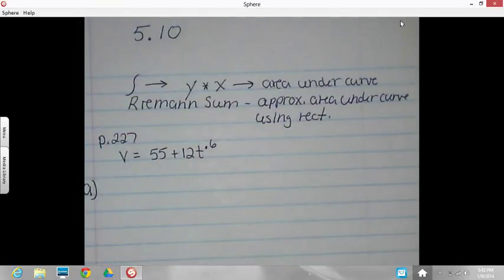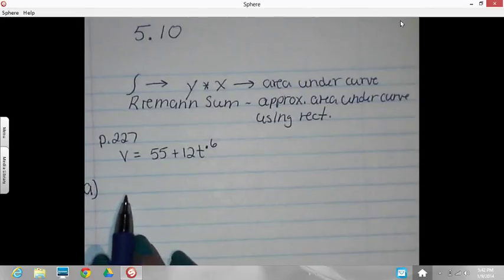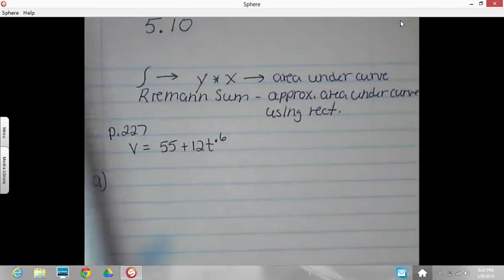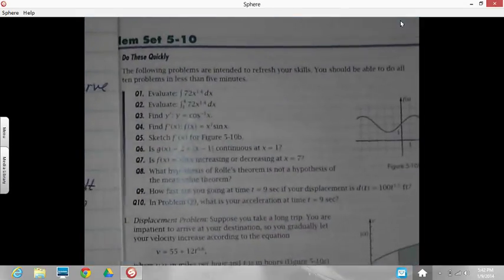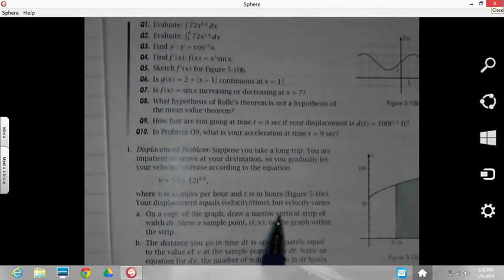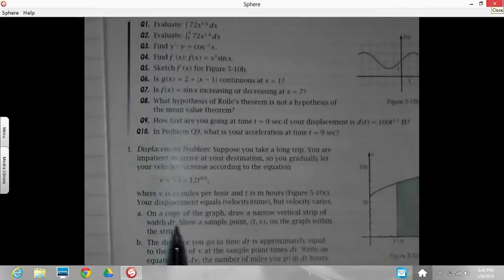Draw the narrow vertical strip with width dt. This is all right in the directions here. Then show a sample point tv on the graph within the strip. Okay, if you were on your own, you'd probably say, what is that even saying? So draw a narrow vertical strip of width dt. Show a sample point tv on the graph within the strip.